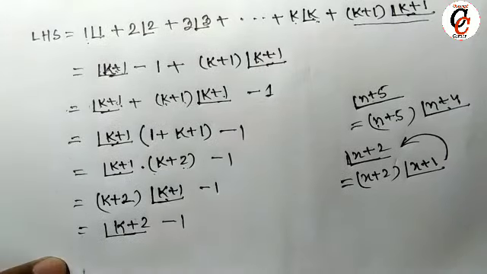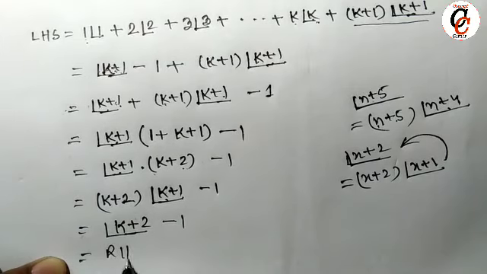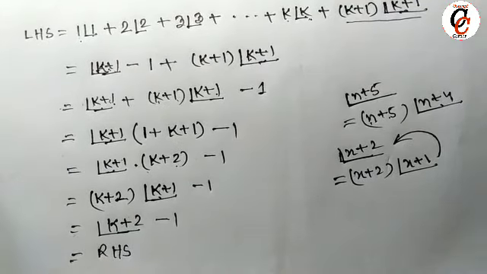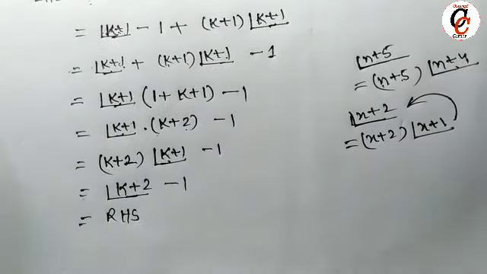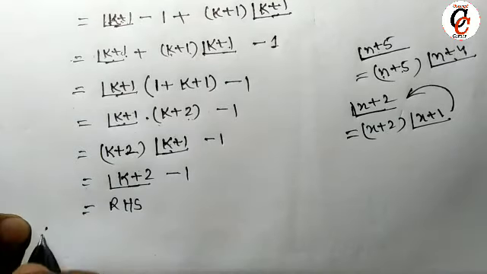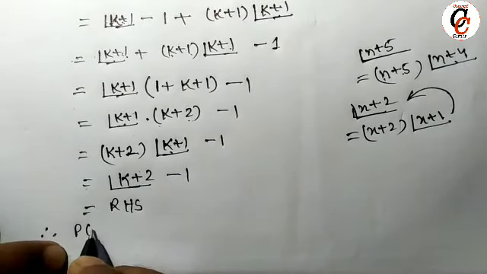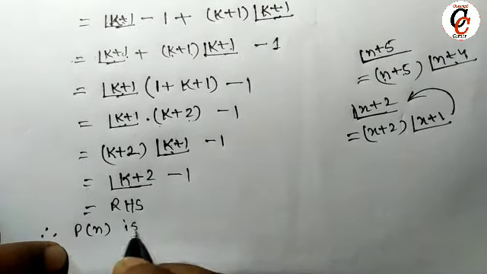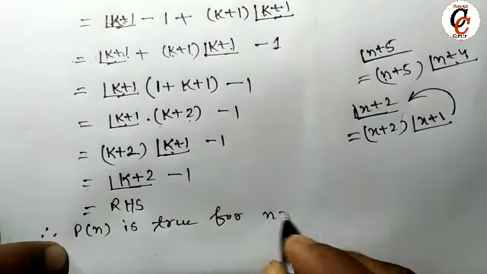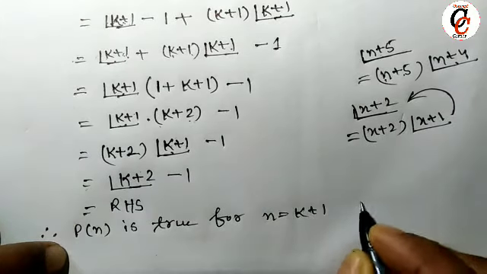So it is equal to what? Right hand side. So what have we proved? That the given statement is true for all the values of natural numbers. First of all, for n equal to 1, then n equal to 2, n equal to 3. In this way we can prove n equal to k. Then we have proved that n equal to k plus 1. Therefore Pn is true for n equal to k plus 1 also.